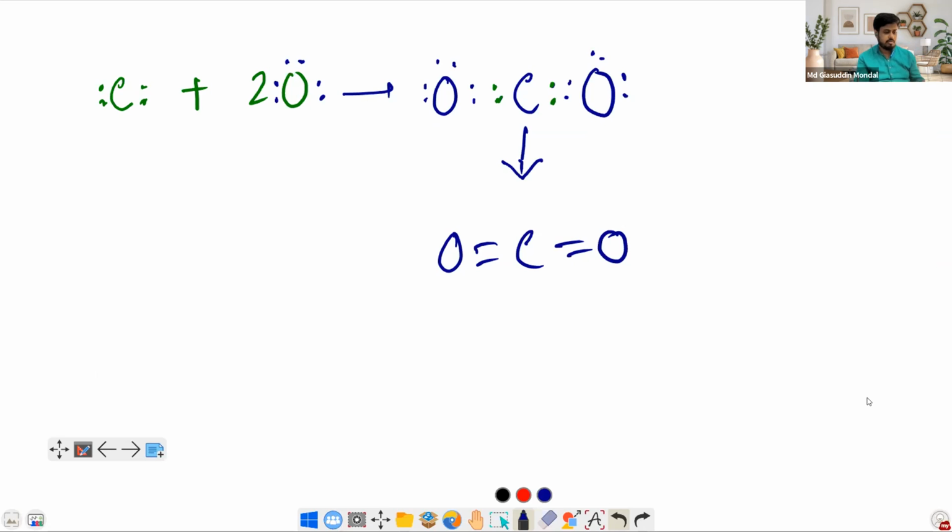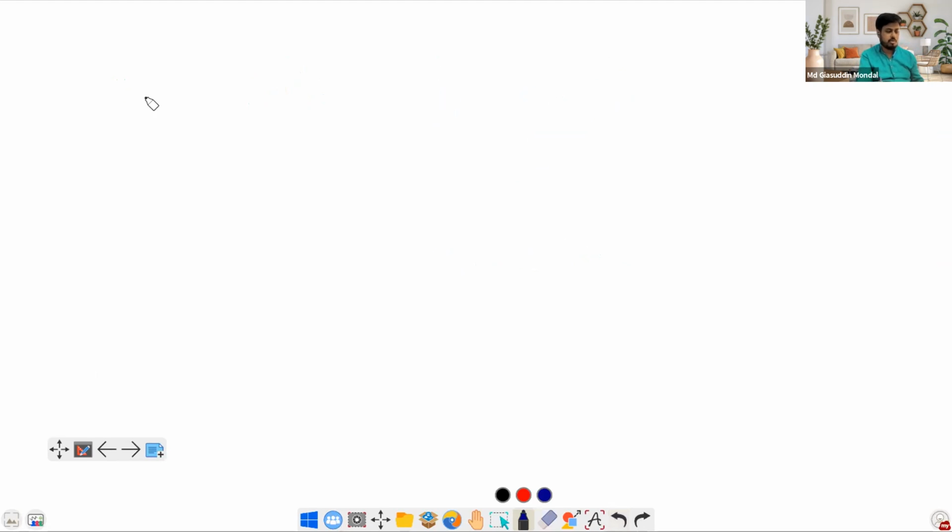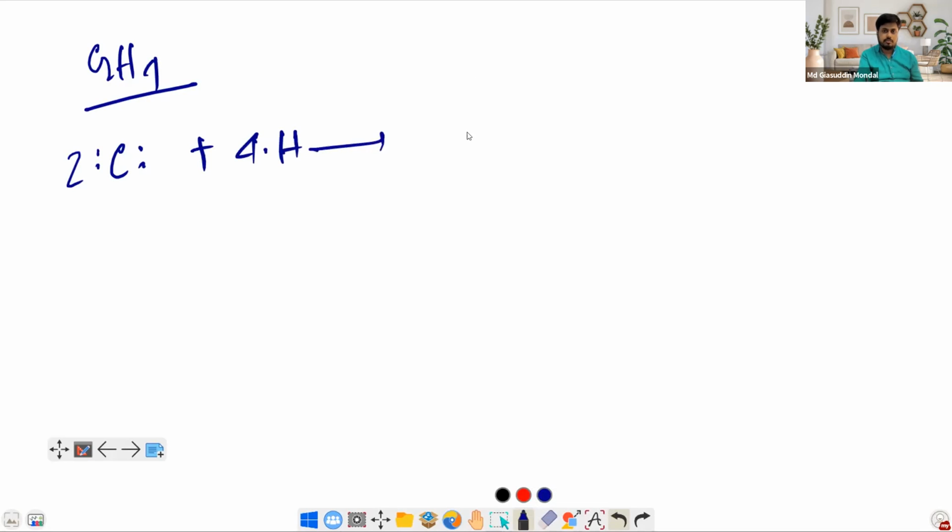Okay, so now we are getting to other compounds that are most important in carbon chemistry, C2H4 and C2H2, right? So how is C2H4 formed? Again, in carbon we have 4 hydrogens. I'm not making it too complicated for you.